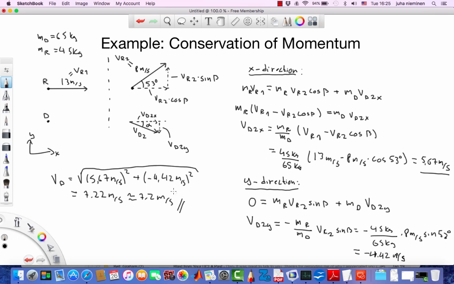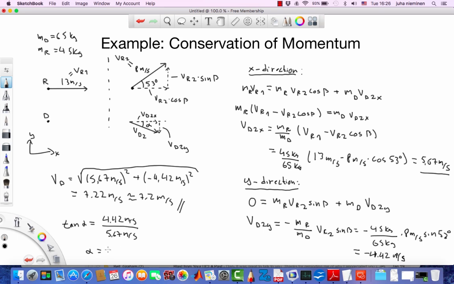And then we can evaluate what the angle alpha is. So tangent alpha is the y component divided by the x component. The y component is negative, but we're looking only at the magnitude, so that's 4.42 divided by the x component, 5.67 meters per second.